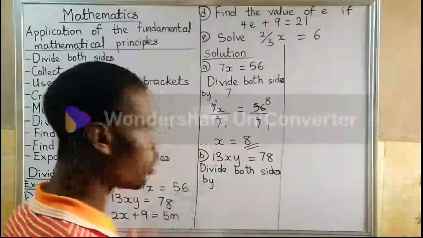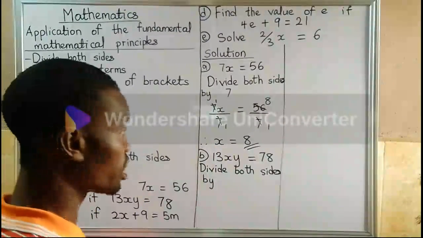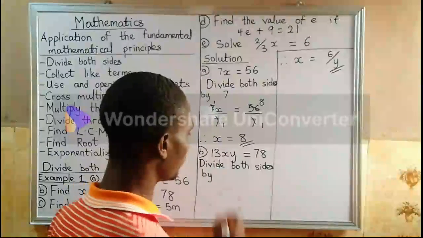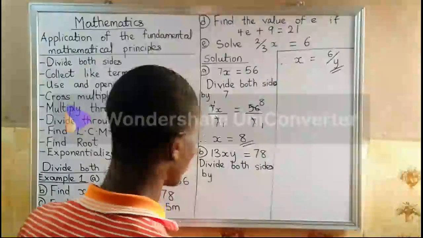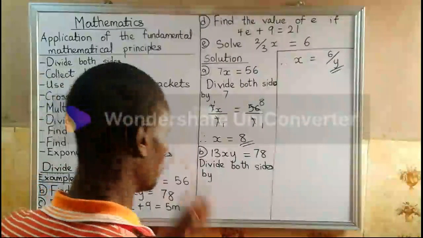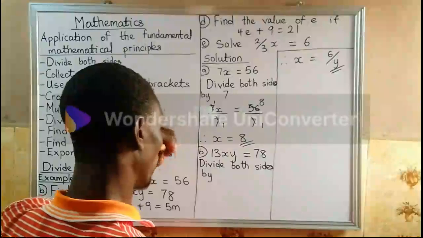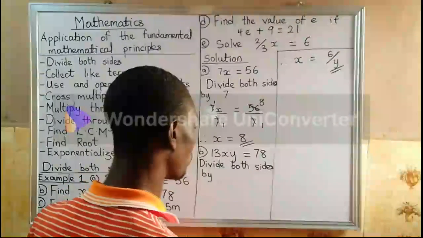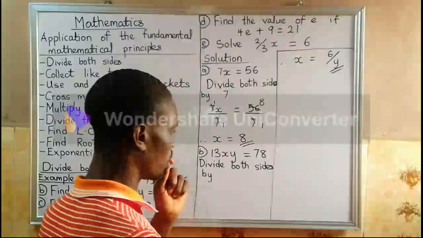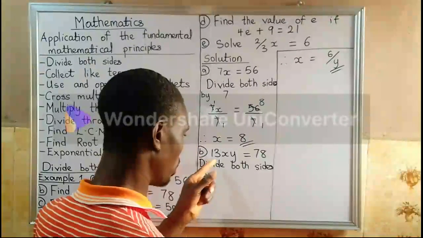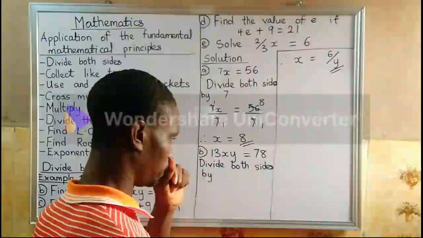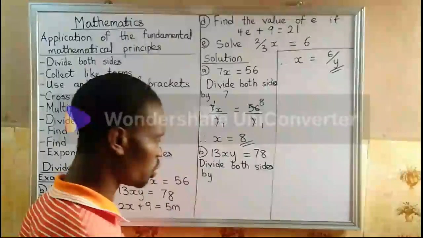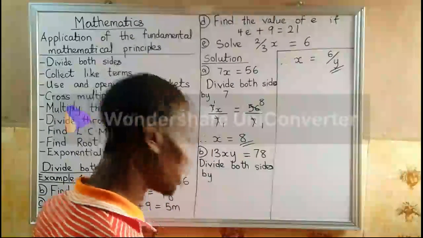by what here? In the first example, we divided both sides by 7 because 7 is the coefficient of x in this example 1a. So the coefficient of x in this second example 1b will be 13y. So I said the other time that, okay, let me put it also in this way for better understanding.